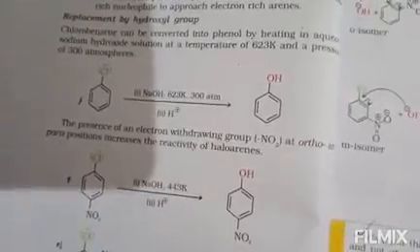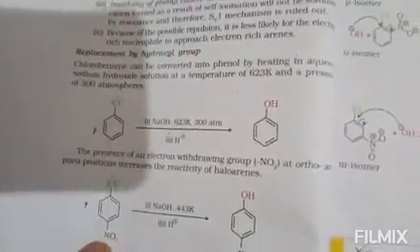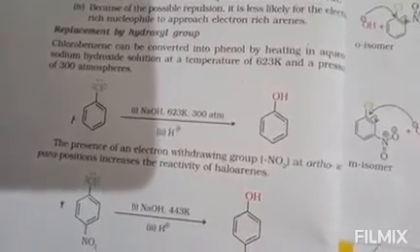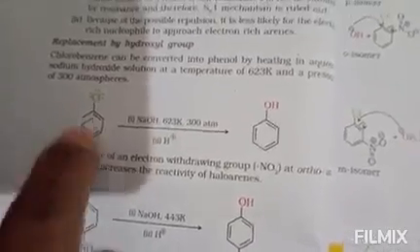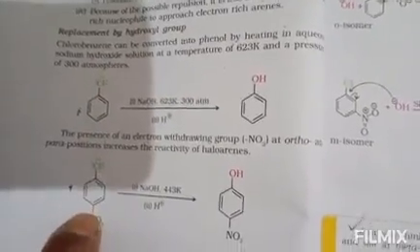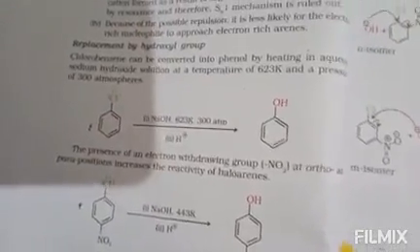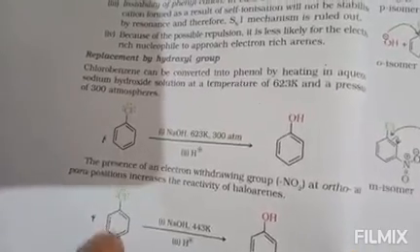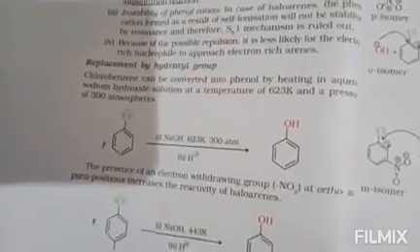So we can ask, compare the reactivity of the following. One we can give as chlorobenzene, another one like this. You must recall that if an electron withdrawing group is present at ortho and para position, it increases the reactivity. So when we compare this to this one, this will be more reactive. And if instead it is R, then that containing R will be less reactive.